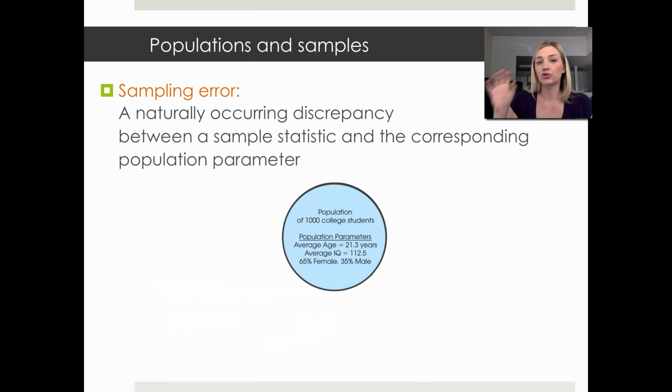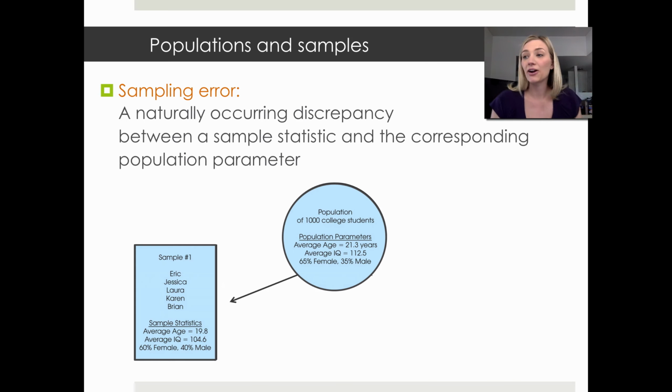Now, if I were to draw randomly a sample of 5 students from that population, let's say I get Eric, Jessica, Laura, Karen, and Brian, it is very unlikely that the sample statistics will perfectly align with the population parameters. For example, the average age of Eric, Jessica, Laura, Karen, and Brian is 19.8, not 21.3, right?